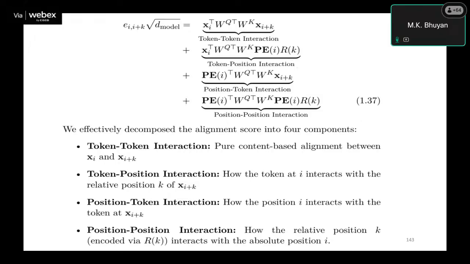So you can determine token interactions, token position interactions, position token interactions, and position interactions.